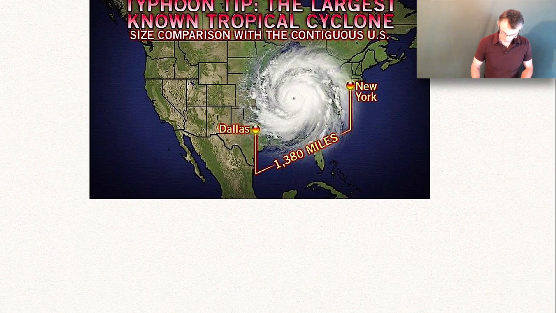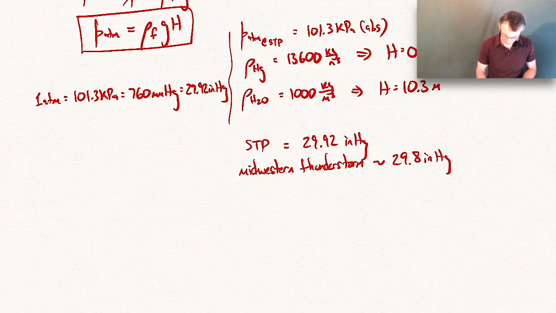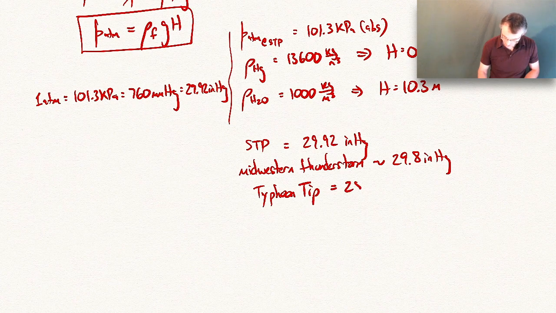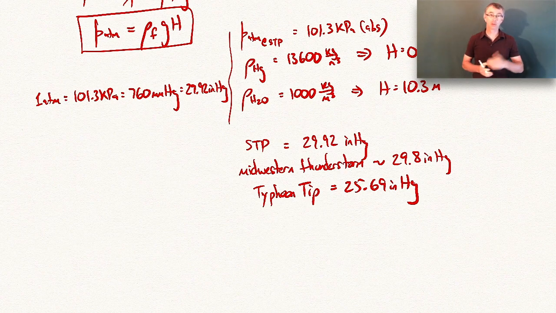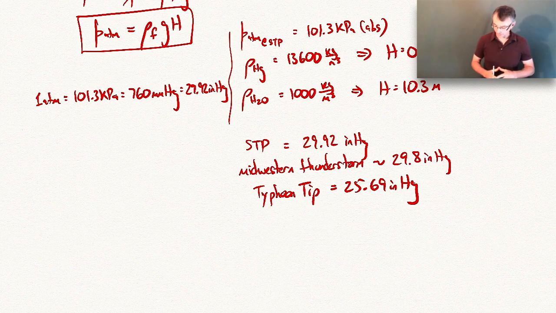That atmospheric pressure was 25.69 inches of mercury. So much, much lower, more than 4 inches lower than standard atmospheric pressure. So a real big drop in atmospheric pressure for this typhoon. A typhoon, by the way, is just another name for a hurricane.